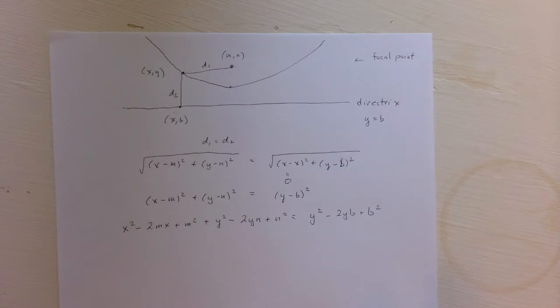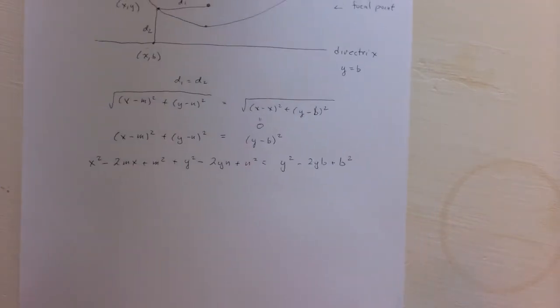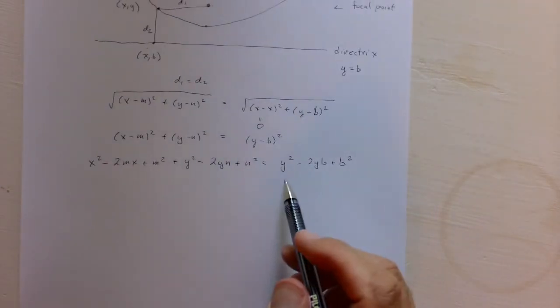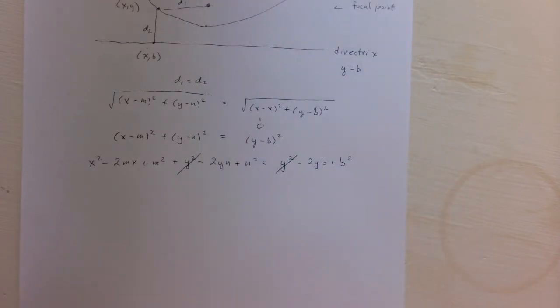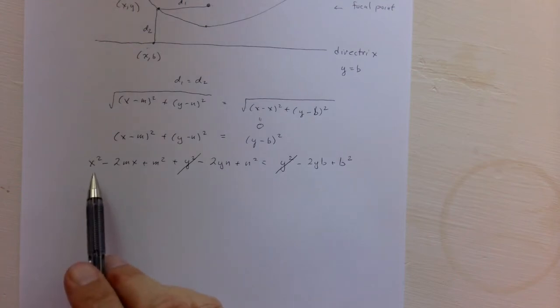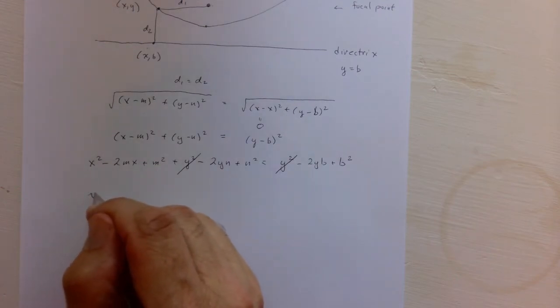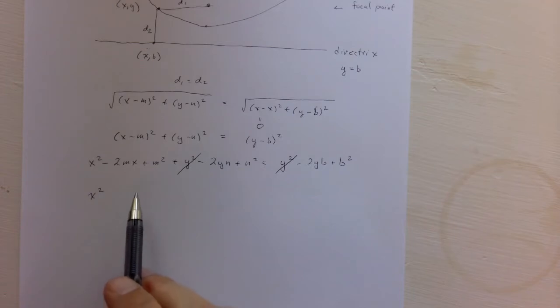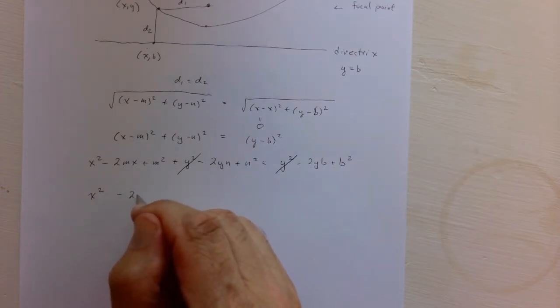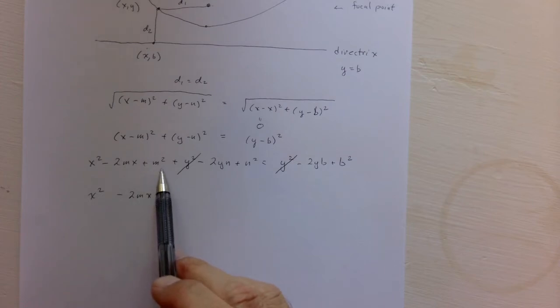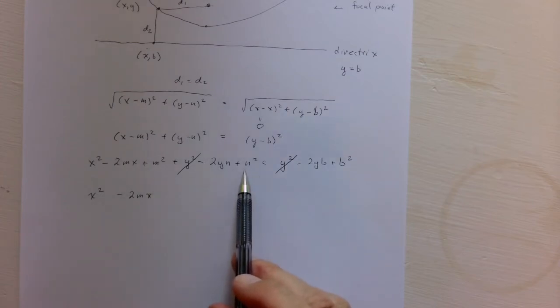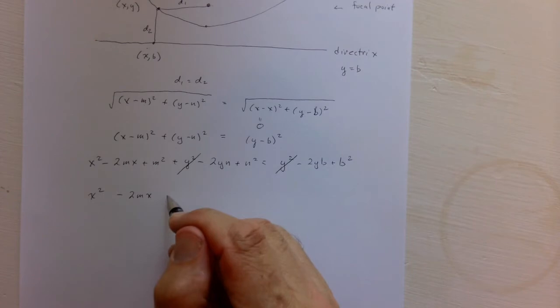You'll see that something very nice happens: the y squared terms cancel out. There's only one x squared term, only one x term, and then the constant term is going to be m squared plus n squared minus b squared.